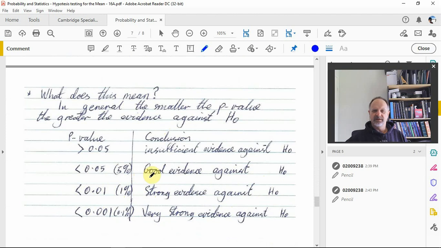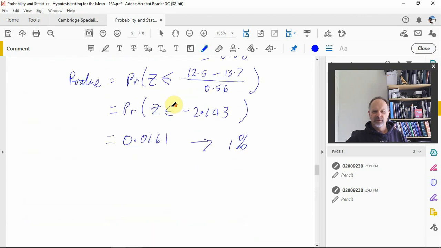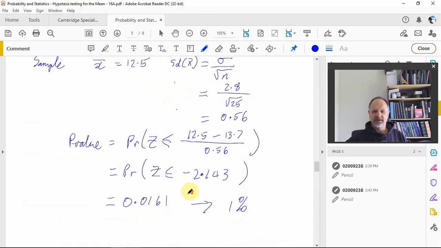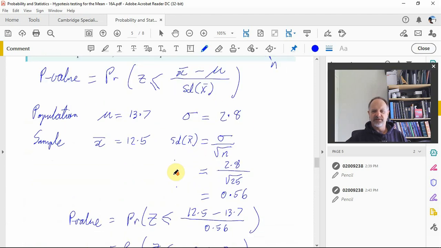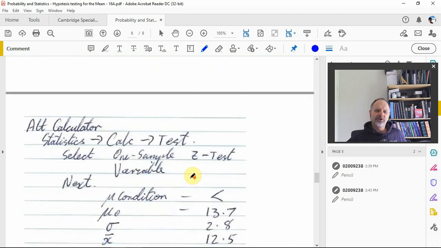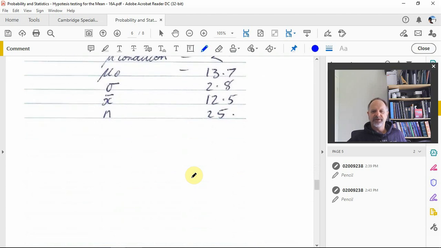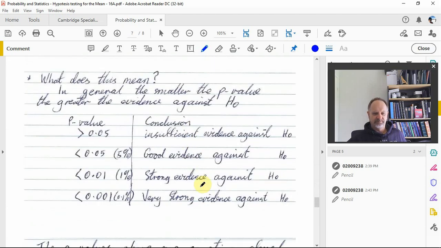Based on the value that we've got here, based on these figures and our sample of 25, what it's saying is there's pretty good evidence that the new model is actually going to be more fuel efficient.